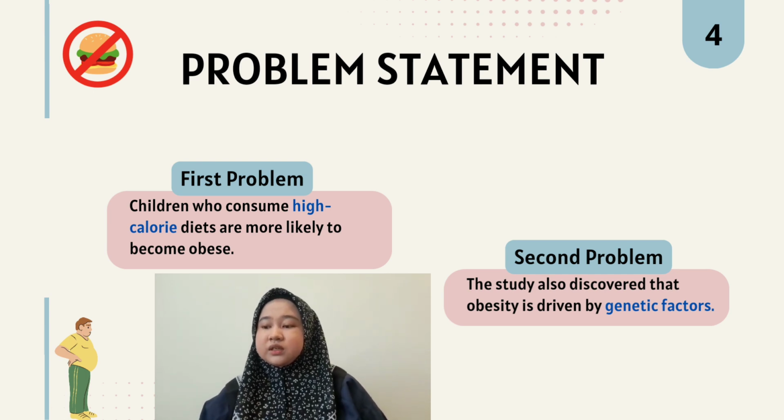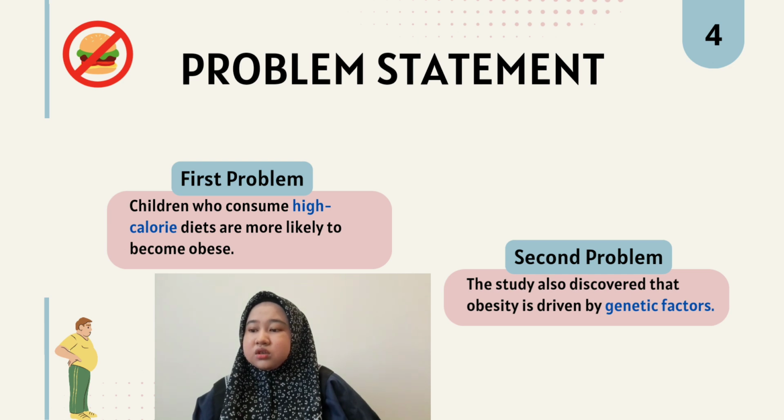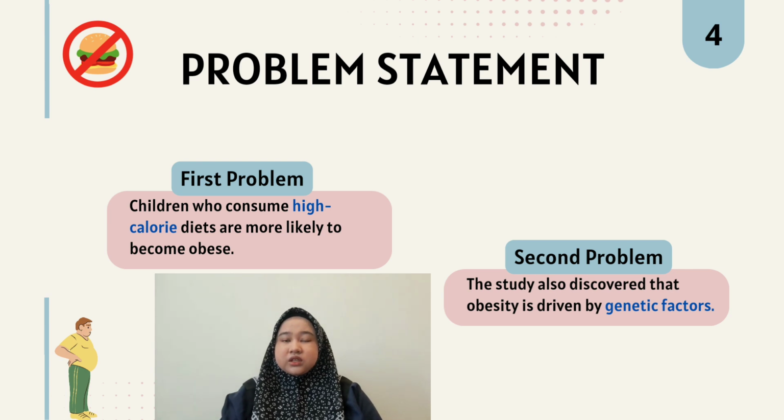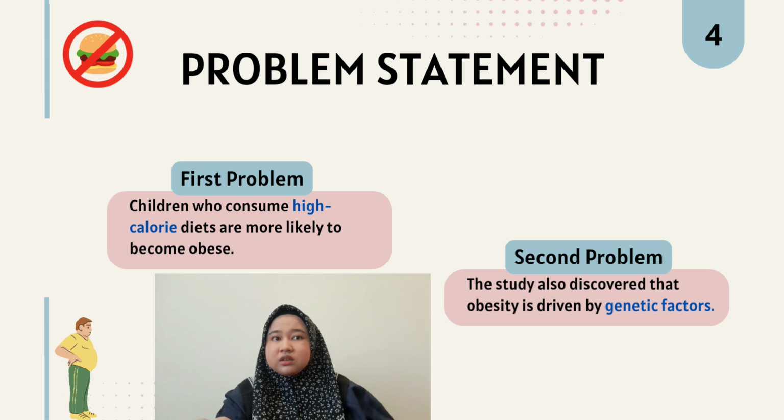The second problem statement is that the study also discovered that obesity is driven by genetic factors. In other words, obesity can be inherited from earlier generations, especially from the mother or father, siblings, or close relatives. Genetic factors influence obesity risk, particularly in children.